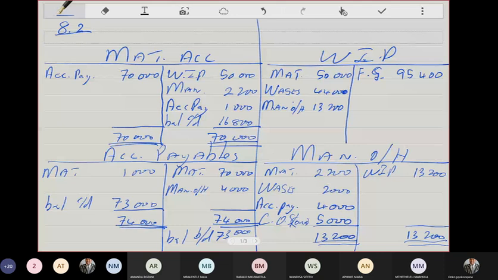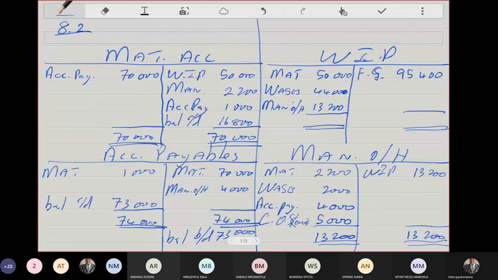Come to the next account that we have, the work in process account. Let's add and see how much we have on the debit side. Your debit side is 50,000 plus 44,000 plus 13,200.